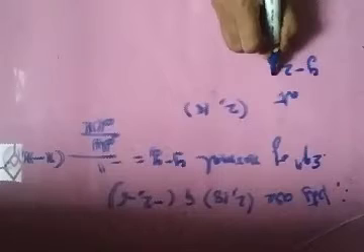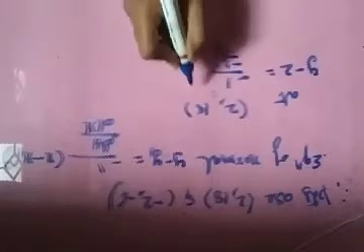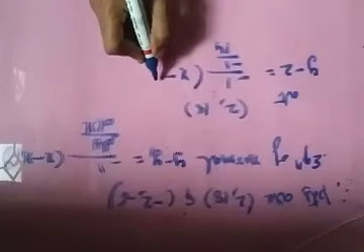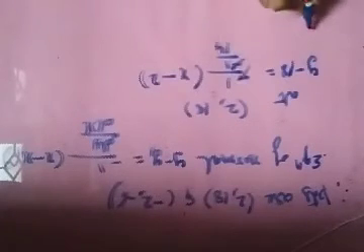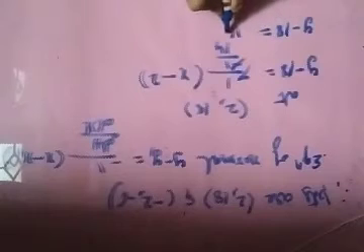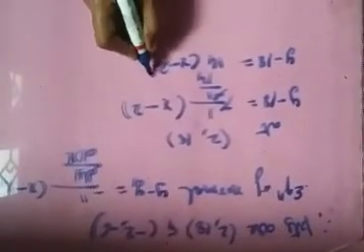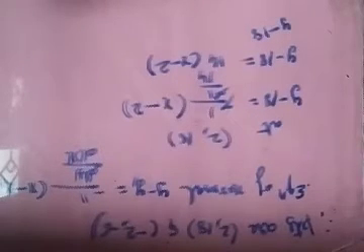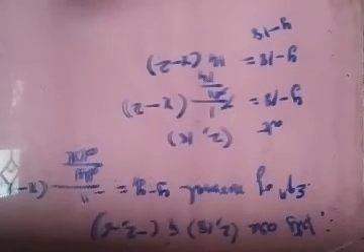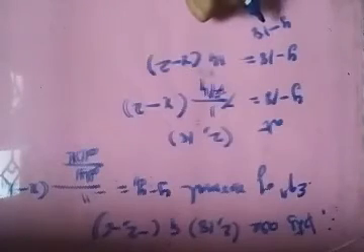Y minus 18 is equal to minus 1 by 14 into x minus 2. Minus minus gets cancelled.